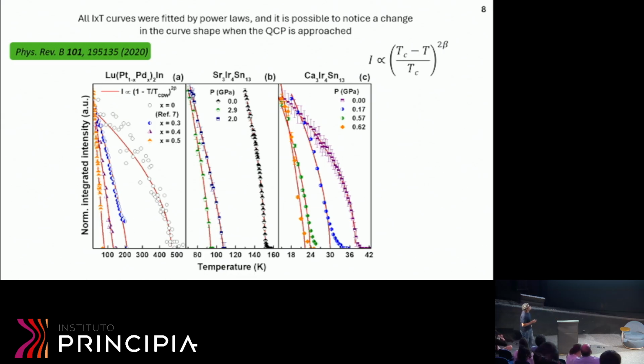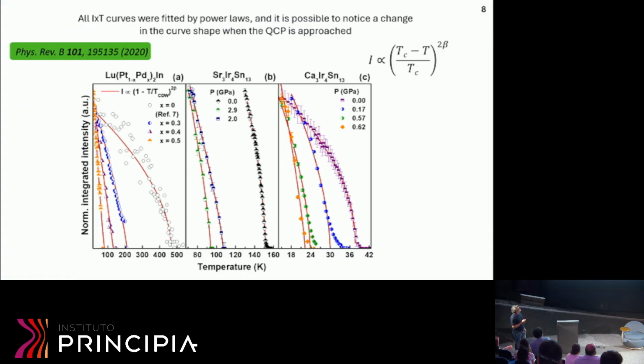One can correlate the temperature dependence of the intensity of the charge density wave with the order parameter critical exponent.